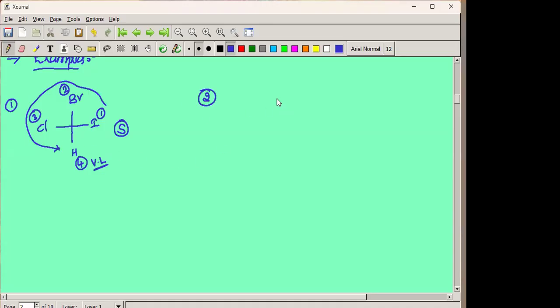This is the first rule. Second rule ఏమని చెప్పాం? Here hydrogen is there. Here a CH3 group is there. Here another CH3 group, but here it has an isotope C13, and this is an OH group.